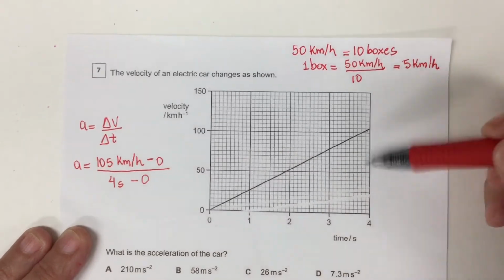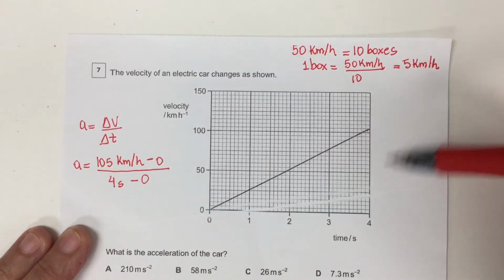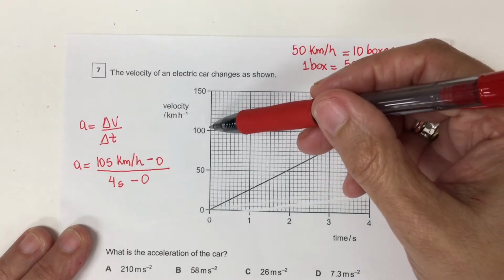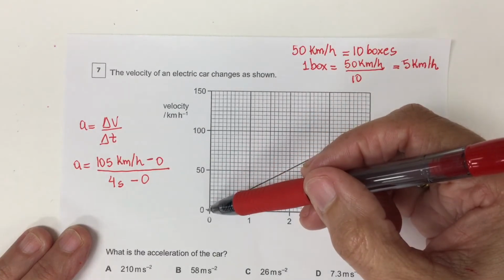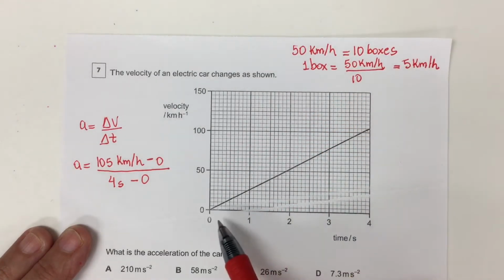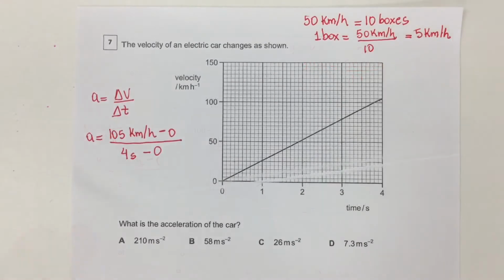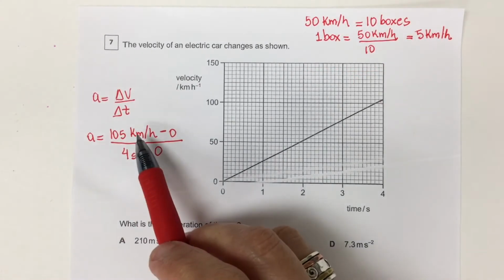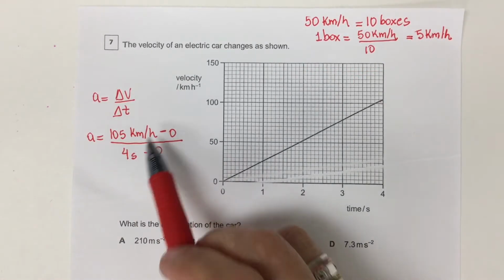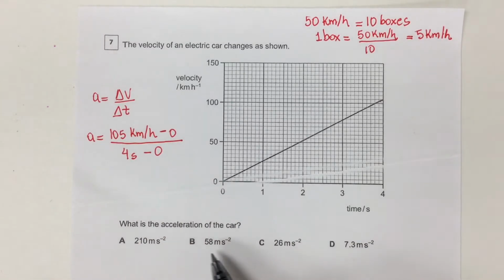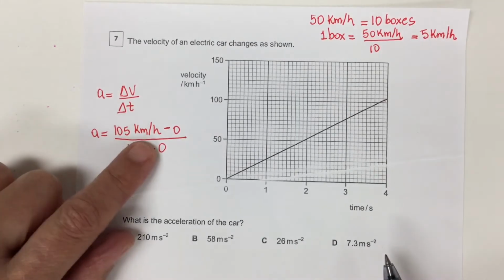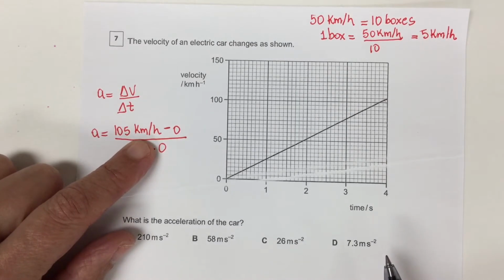Okay, so I got the extremes. So 105 minus 0, and this is 4 minus 0. Okay, we have a problem here. The unit here is kilometers per hour, and my answer is in meters per second. So we need to convert 105 kilometers per hour to meters per second.